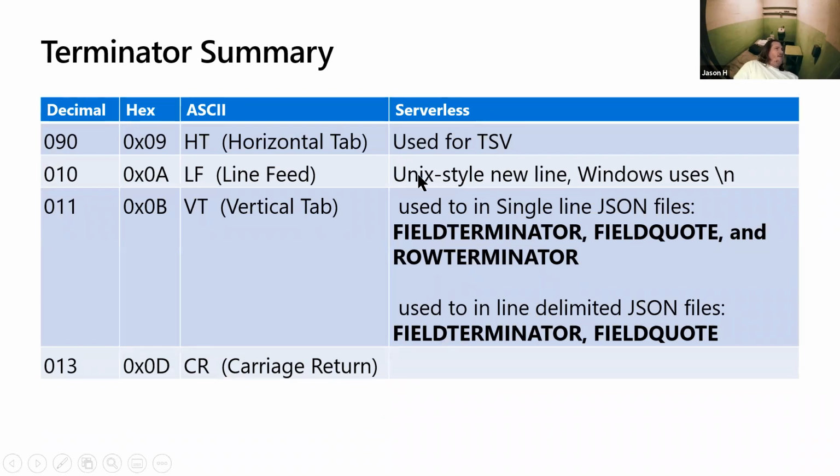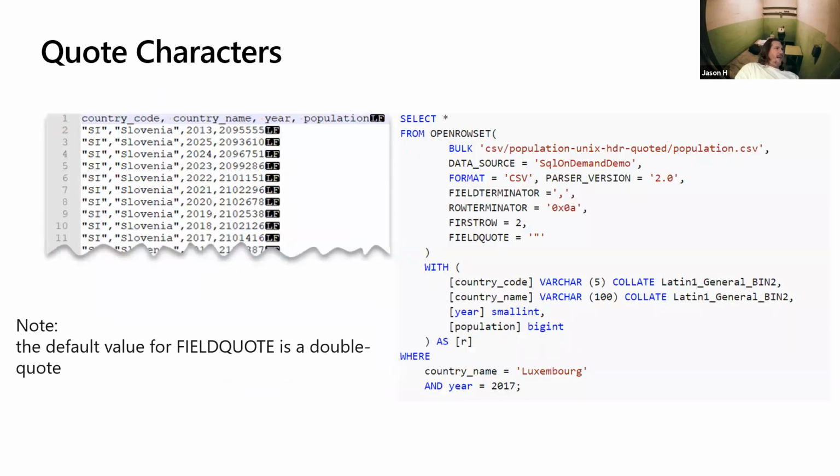So this is just a summary of the different terminators. We'll talk more about the JSON terminators. Those are kind of a weird edge case, but that's the difference between Unix and Windows, right? And then horizontal tabs. So anyway, this is all kind of ASCII goodness. I can have quote characters.